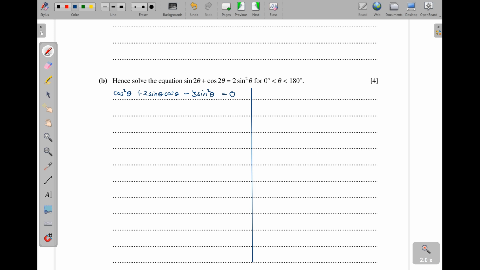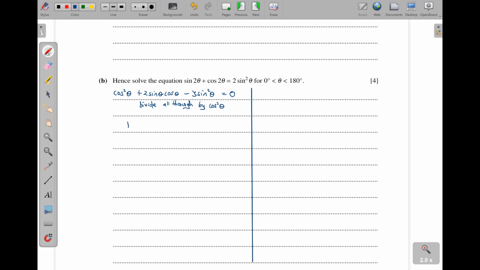Now we shall have, I can divide all through by cos squared theta, because when I divide all through by cos squared theta, I'll get a tan squared here. Even here I will end up with a tan.